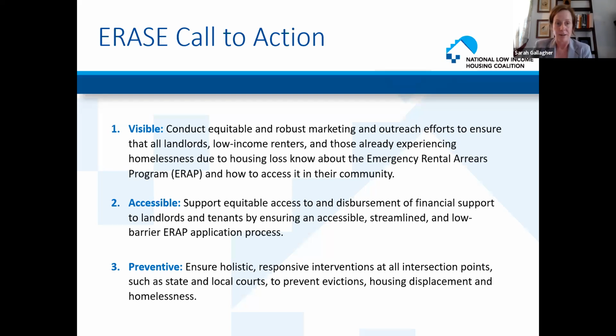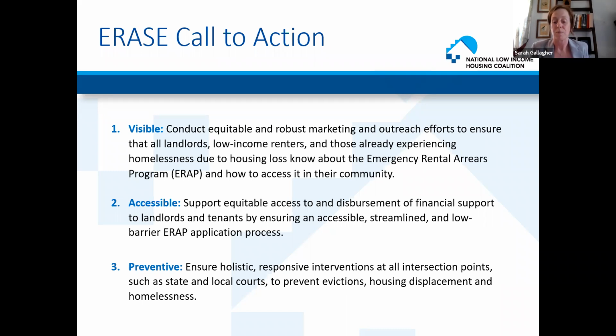As you may have heard in past webinars, but as a refresher, we want all programs to be visible, and that they're conducting equitable and robust marketing and outreach efforts to ensure that all landlords and low-income renters and those already experiencing homelessness know about ERA and have the ability to access it in their community. The programs should support equitable access and disbursement, and they should be streamlined, low barrier application processes. And lastly, they should be preventive.